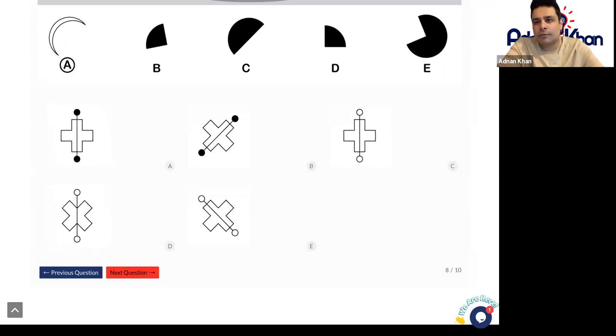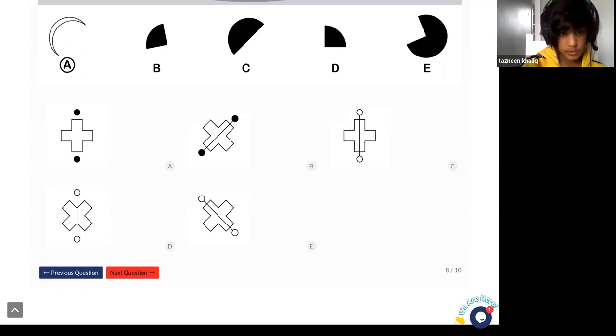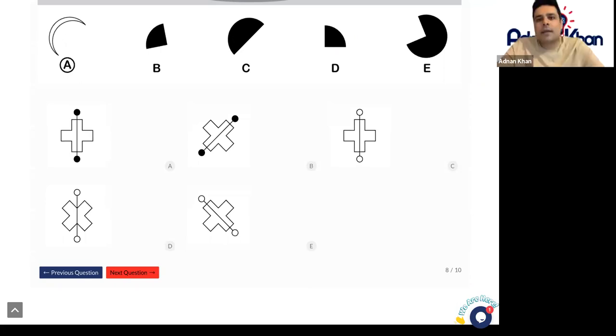Shall I show you, or do you want to work it out? Most of the lines are pointing that way, but E is pointing that way. Yeah, so it's all in one end.